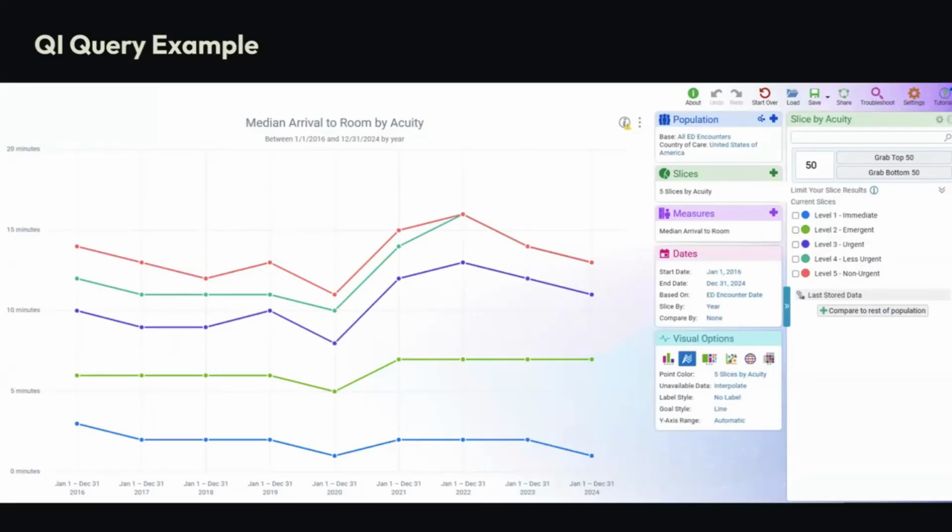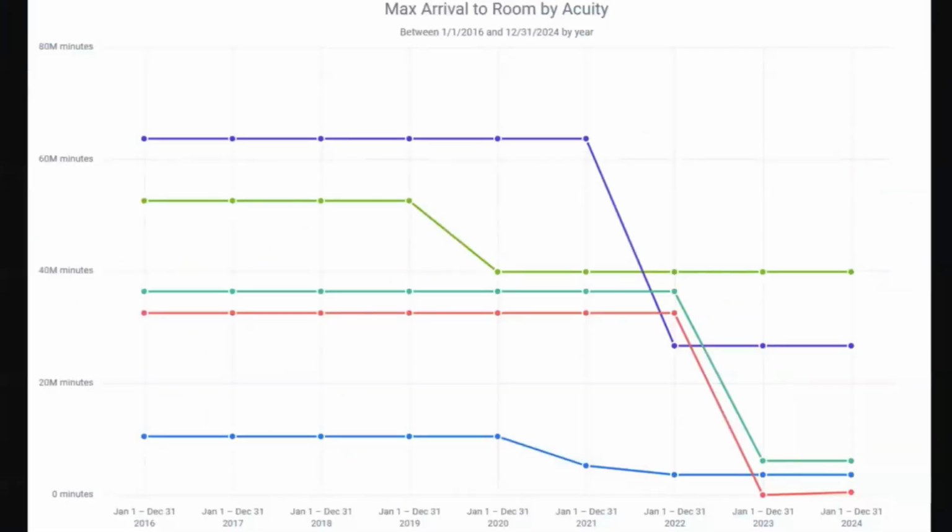As I was exploring, I started with average, but the averages were a little off. And so one thing you can do is you can kind of investigate why median might be better than maximum or than average. Using the average, it was including some of these maximum values. And so you can see that for some encounters, they're saying the arrival to room time was over 60 million minutes, which is obviously impossible.